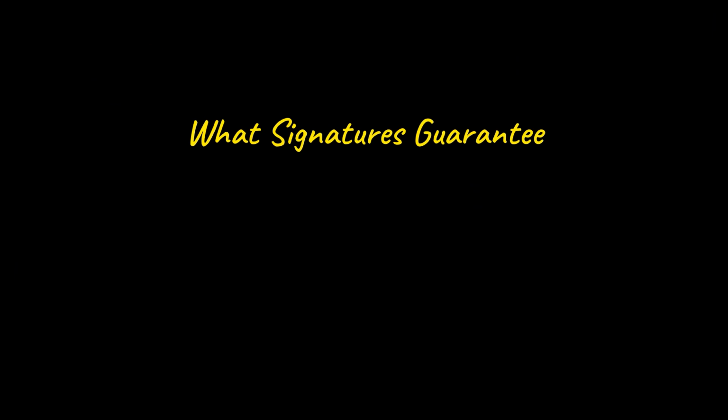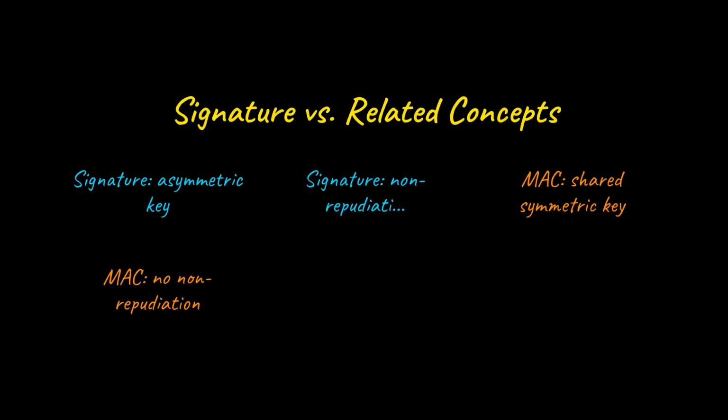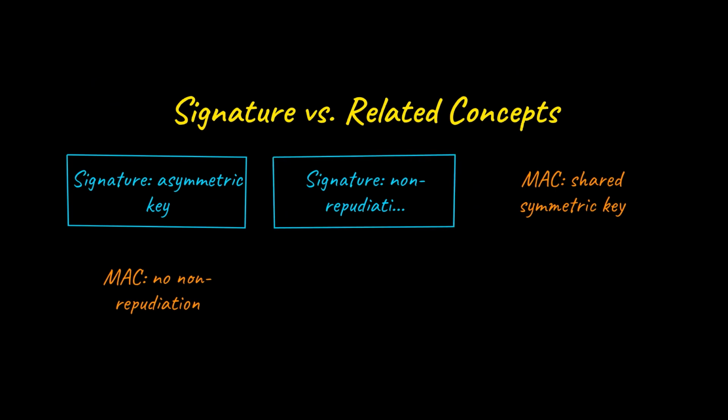Signatures uniquely combine 3 guarantees. They confirm the origin of the data, verify it has not been altered, and establish non-repudiation, meaning the signer cannot later deny having produced it. The most common exam confusion is between digital signatures and message authentication codes. A MAC uses a shared symmetric key, so any holder of that key could have produced it.